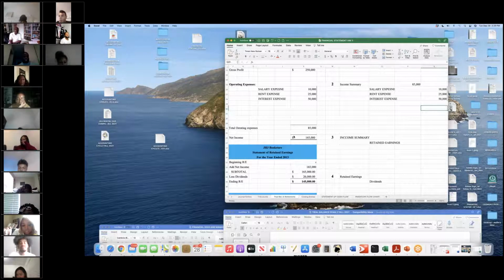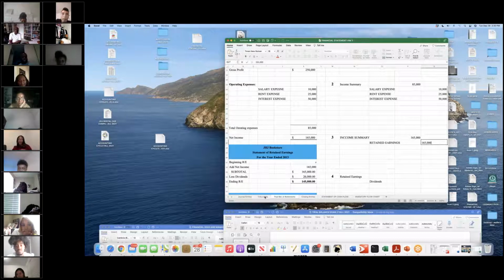So all we're going to do, we're going to go to this net income line, and we're going to debit income summary for how much? Whatever you said it was, sir. The net income, whatever's on that net income line, 165. We're going to credit retained earnings for 165. So that's why it's located right here. That's the reason for it. So you look over here, closing entry 3 is always the net income.